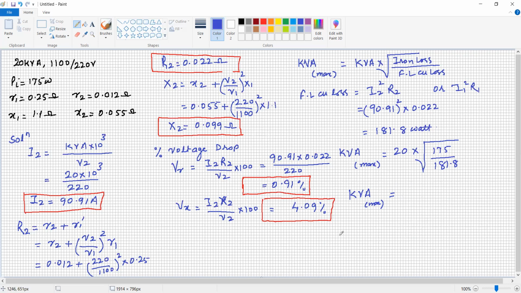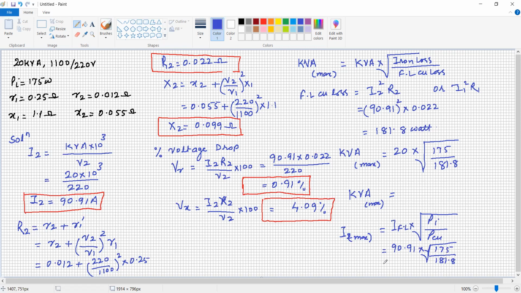Okay, and similarly the current under maximum efficiency, no doubt on the secondary side. So the full load current, I full load, multiplied by under root iron loss divided by copper loss. So current is 90.91 under root 175 divided by 181.8.